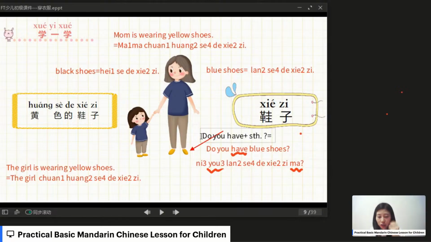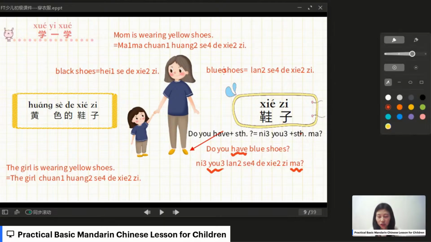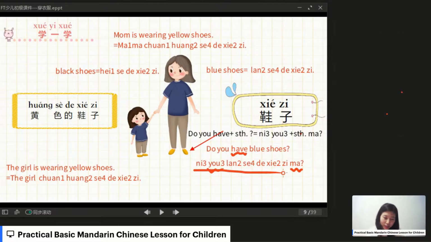So in Chinese, that structure is 你有 plus something, and a very important word, ma, because you need to ask people, right? Just compare this structure and this sentence and you will see they're easy. You just need to put something in a sentence to ask someone. So that would be 你有蓝色的鞋子吗?